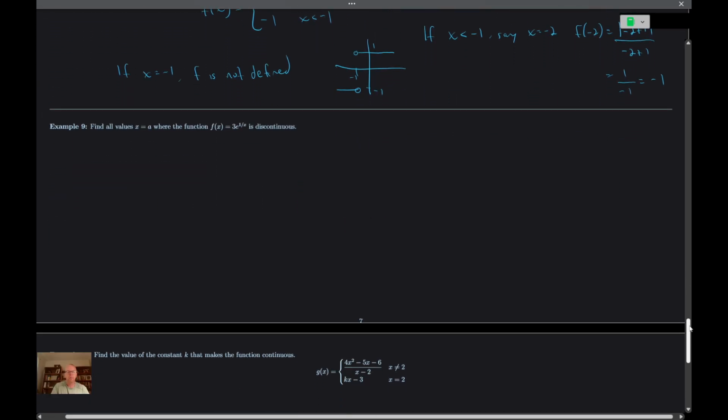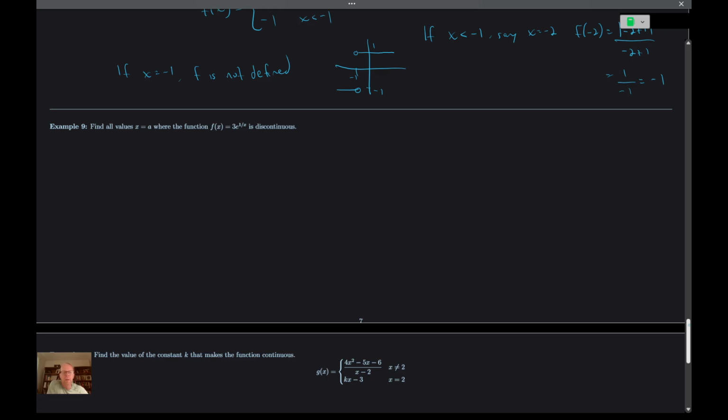All right, where is 3e to the 1 over x discontinuous? So e to the x is continuous everywhere. 1 over x is not, though. So 1 over x is discontinuous at x equals 0, because we cannot have 0 in the bottom.